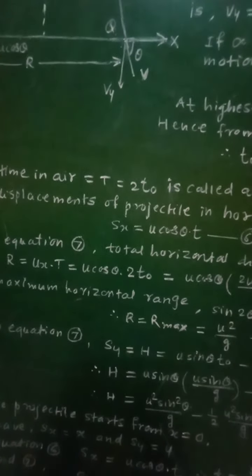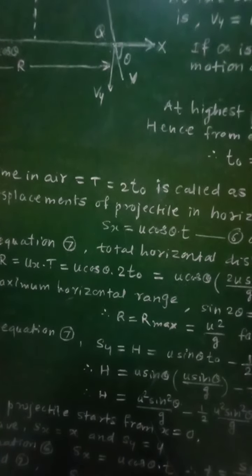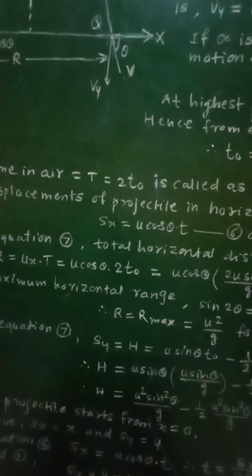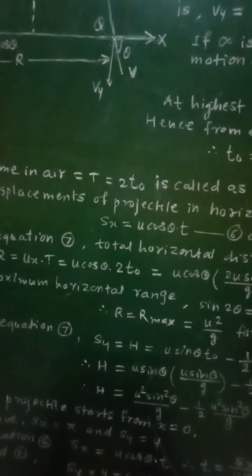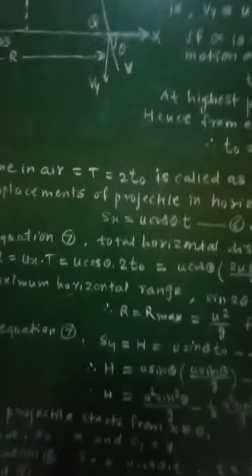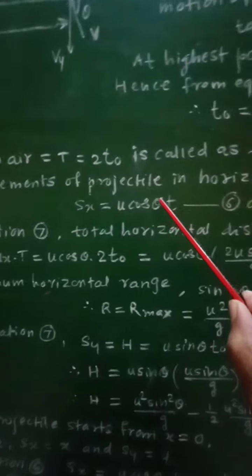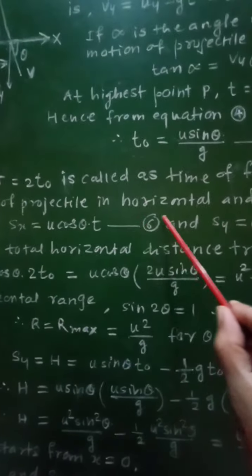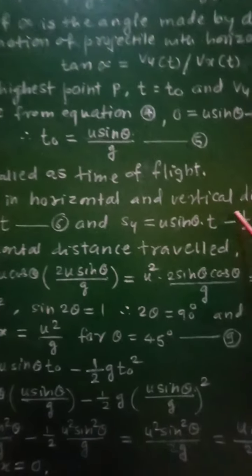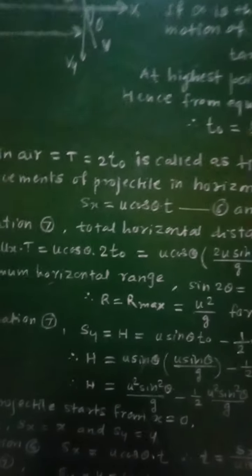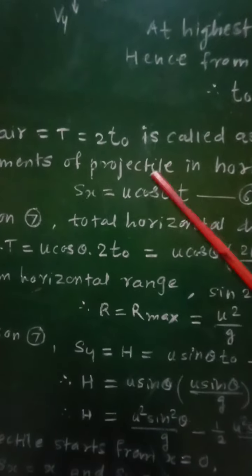Now if you consider the displacement of the projectile in horizontal as well as vertical directions at any time t, then the displacements in the horizontal and vertical directions are given respectively.